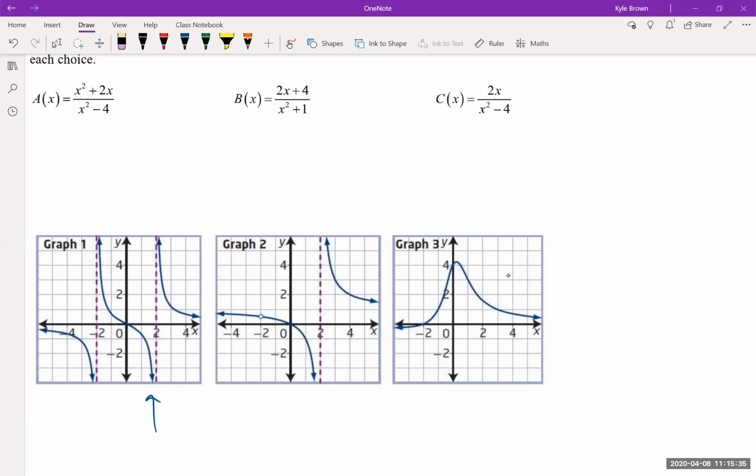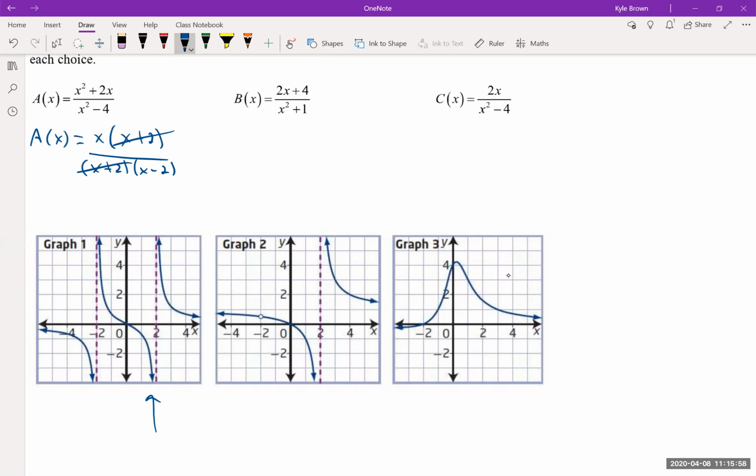So function A. So A of x, I'm going to factor out an x. And I've got x plus 2. And on the bottom, that's a difference of squares. So that would be x plus 2 and x minus 2. And then, okay, well, that means that I can cancel the x plus 2 and the x plus 2. Those cancel with each other.